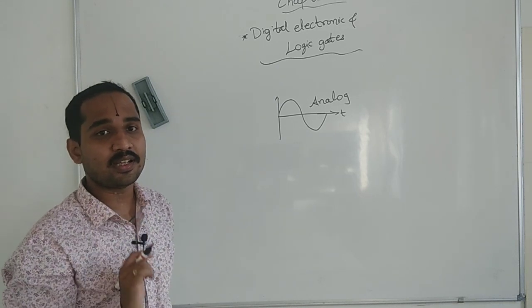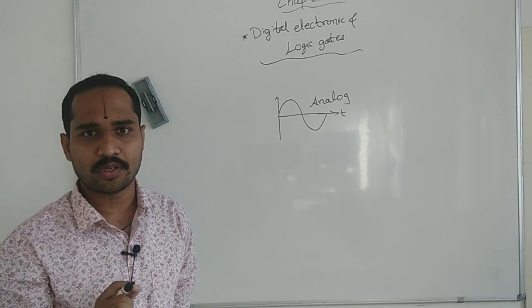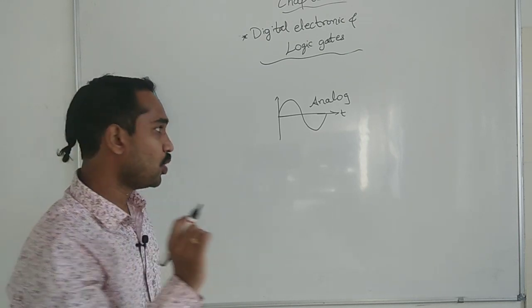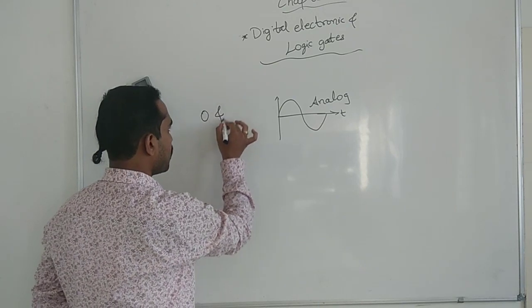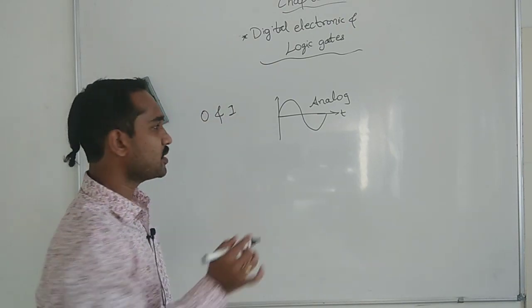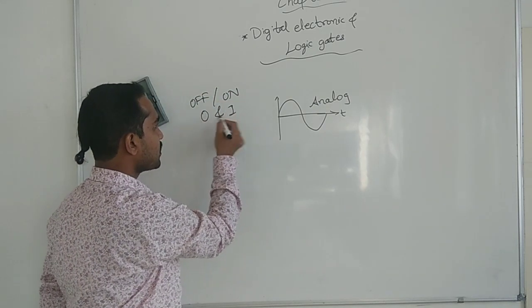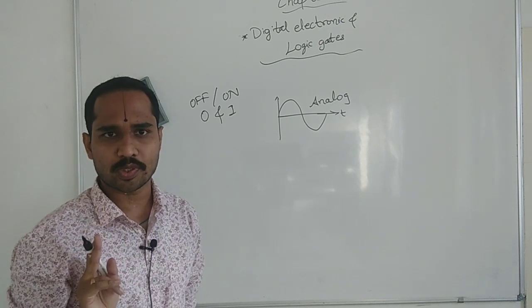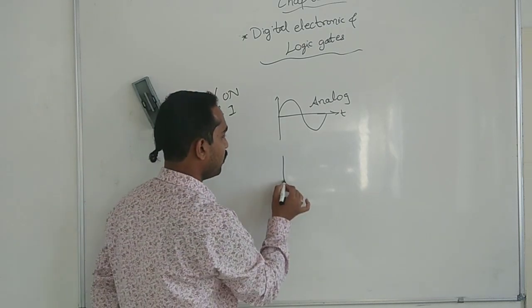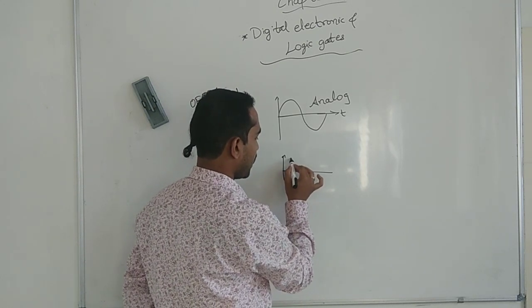But a digital signal is not like that. A digital signal will have discrete values. Only two values are possible in digital signals, either 0 or 1, means off or on. 1 means on, 0 means off. The waveform will be something like, see, 0, 1.